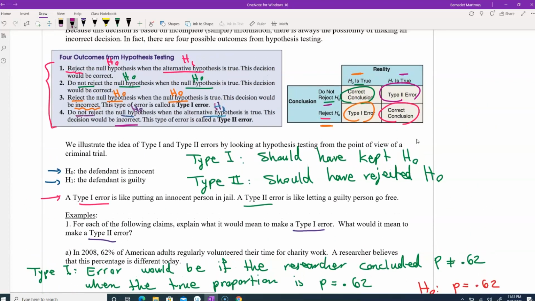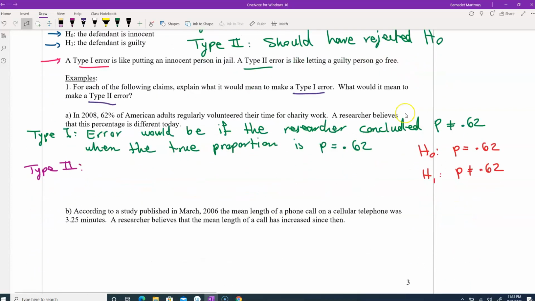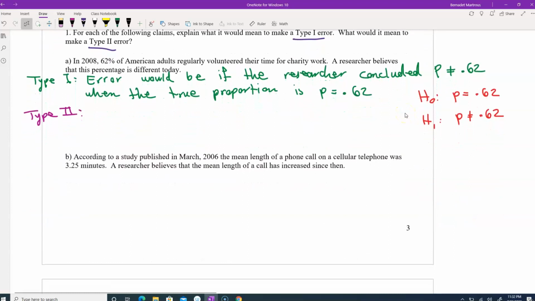So for type 2, we have do not reject null hypothesis when alternative is true. So for this part, error would be if the researcher fails to reject null, but actually the percentage is not equal to 62%, meaning that we have alternative true, so that we're not rejecting null.